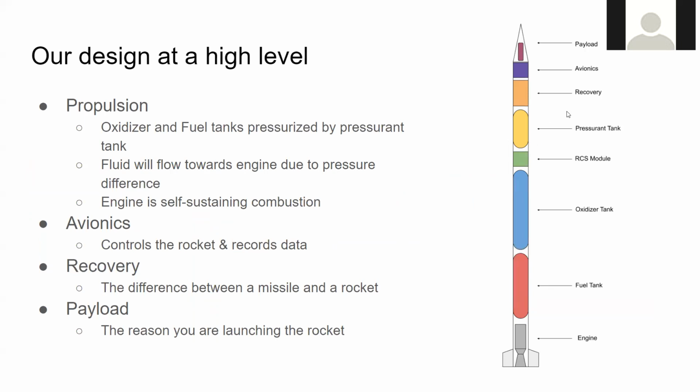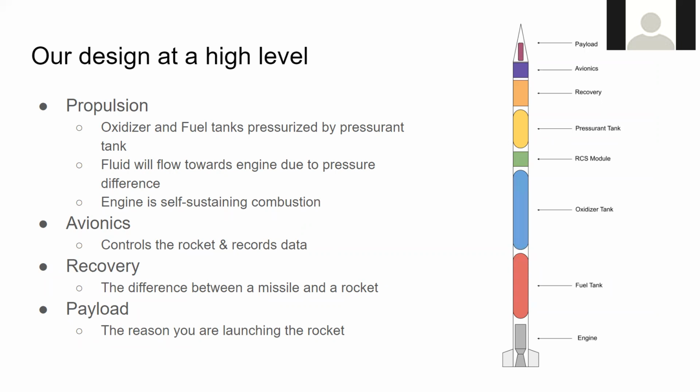And this is our design. At a high level, we have a payload, avionics to control the rocket and get data and information, a recovery system, which is the difference between a missile and a rocket. Missiles, you don't generally recover them, whereas rockets, you do want to. And then we have a pressurant tank, which pressurizes our oxidizer and our fuel, which are liquid oxygen and kerosene.